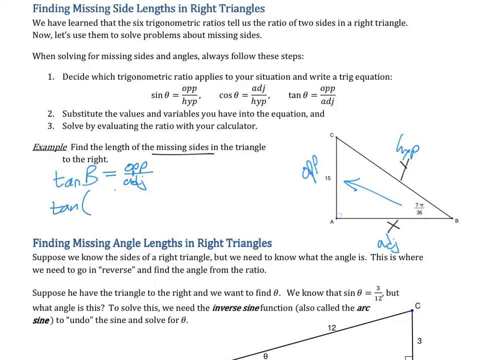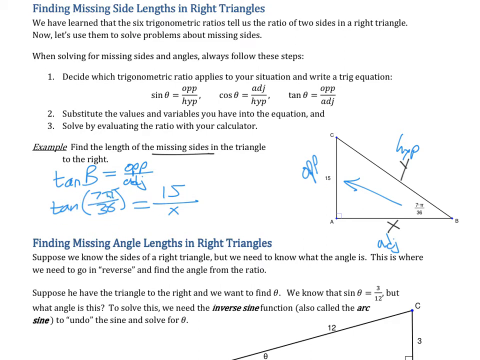We're told that B is 7 pi over 36. That's a funky pi. Do we know the opposite? Yes, the opposite is 15. Do we know the adjacent? No, it's x. So the tangent of 7 pi over 36 is 15 over x.